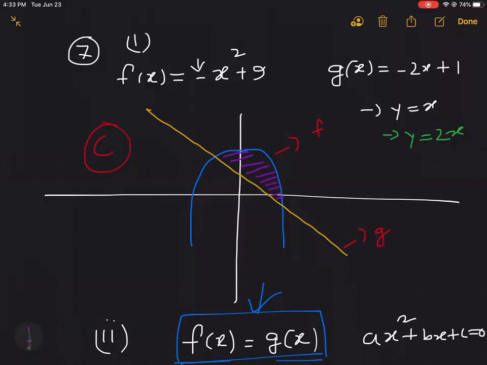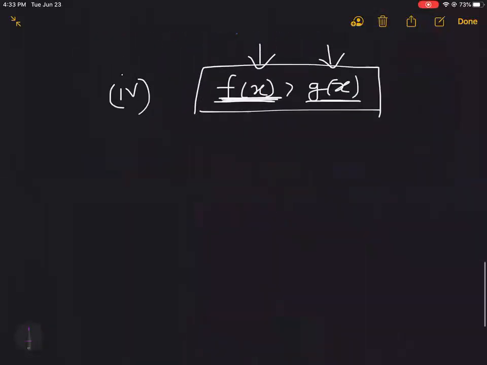I guess that's violet. Anyway, whatever that is, only in this area. As you can see, my blue line is above the yellow line only in this shaded region. Can you see that? So if I look at the options, I can see only one option like that. And to me, it looks like it's option C. Okay, so for 4, it's option C as well.